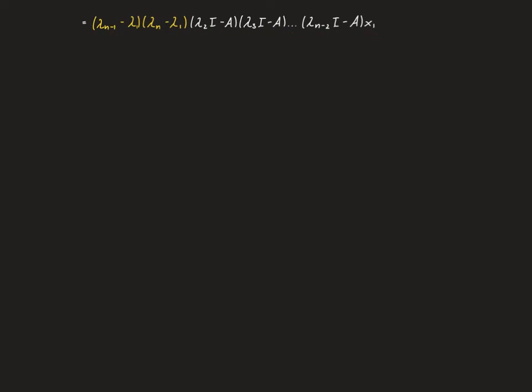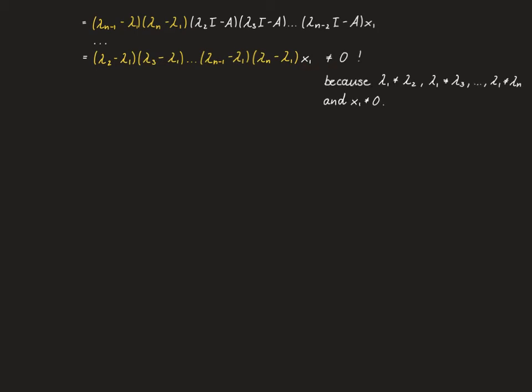And you can already see where this is going. We can continue this with lambda n minus 2 times I minus A, and so on through all of the matrices here. And what we will end up with is the following: lambda 2 minus lambda 1 times lambda 3 minus lambda 1, and so on up to lambda n minus lambda 1 times x1, where, and this is important, the entire expression that we obtained here has to be non-zero, and that's because we have distinct eigenvalues.